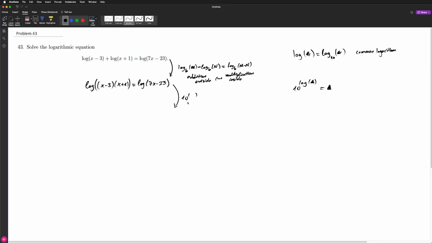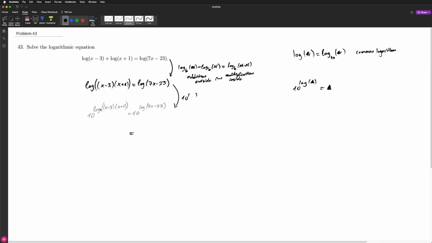And now I can give the antidote. Raise 10 to both sides separately. You don't have to write this step if you don't want to, I'm fine with it, but I just want to illustrate here what's happening. So instead of triangle, I have whatever is inside those logarithms.